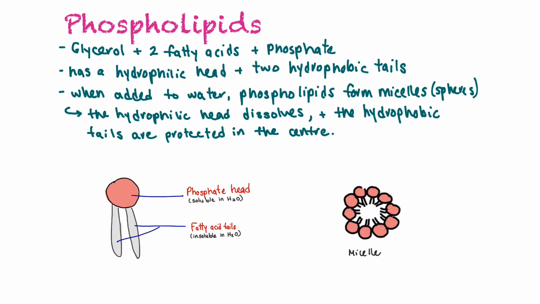So when you add phospholipids to water, those phospholipids form structures known as micelles or spheres. So the hydrophilic head dissolves and interacts with the water, and the hydrophobic tails all mix and mingle into the center of that structure, and they're protected.